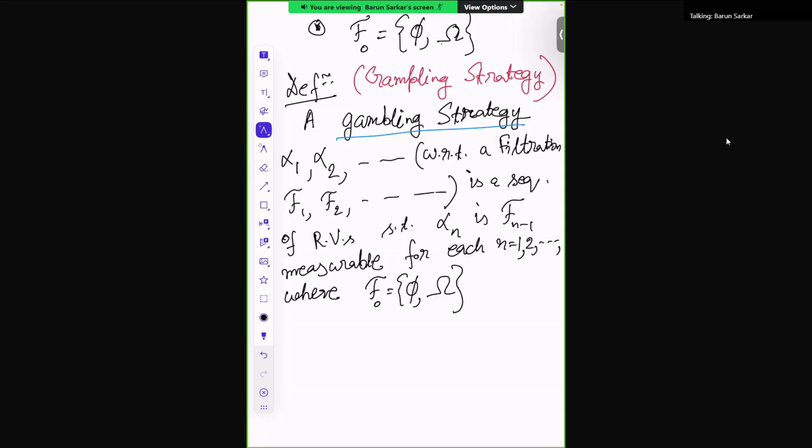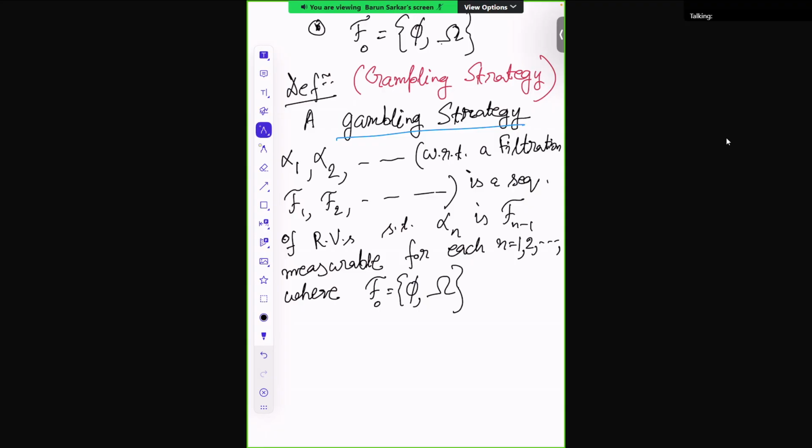So you see, the gambling strategy is nothing but a sequence of random variables which is measurable with respect to a certain filtration, and alpha n is F n minus one measurable.